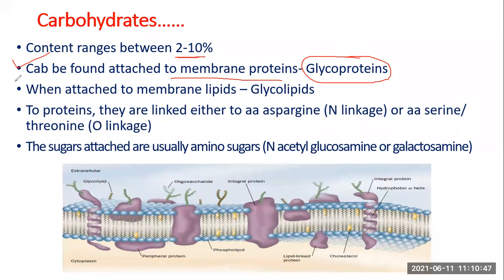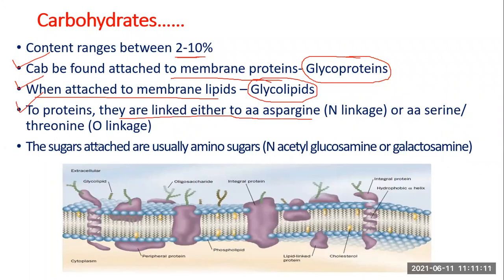Carbohydrates can be attached to lipids also. In that case, those lipids are called glycolipids. Lipids having a group of carbohydrates attached to them are called glycolipids.